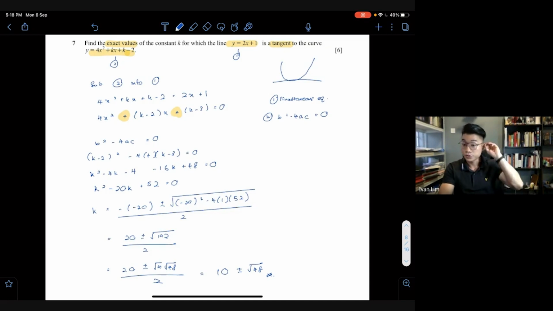Oh yeah, also can. Root 3, right? 12, 48 divided by 4.